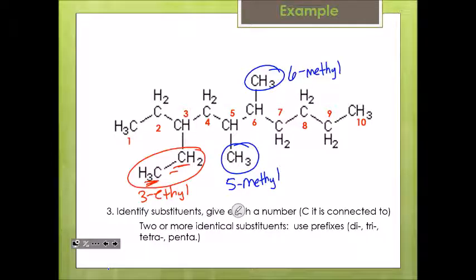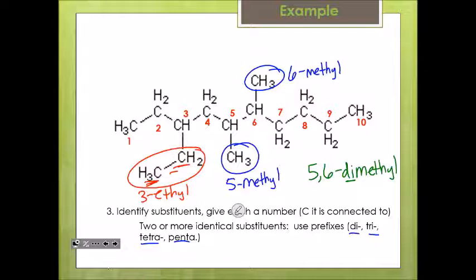Now this is where it gets to be a little tricky. We have 2 methyl groups. And this gets redundant. I don't know why they do this, but they do. Now we have to use a prefix because there's 2 methyl groups. We combine these 2 together. We call it 5, 6 dimethyl. The di meaning that there's 2 methyl groups.